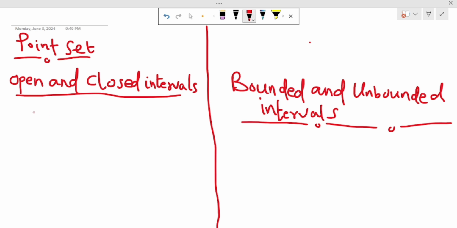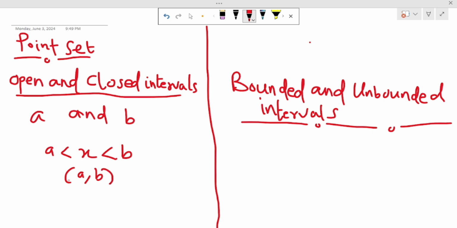Now, suppose we have two points A and B, two real numbers A and B. An open interval of these numbers can be written as A is less than X, which is less than B, or open brackets A, comma B. This means that the interval does not contain the boundaries of the interval.